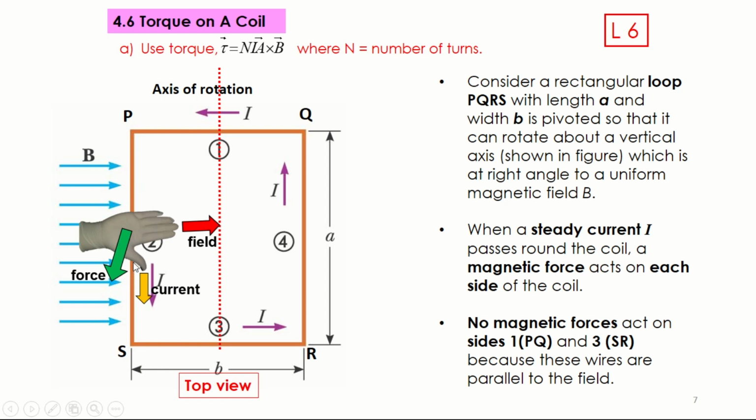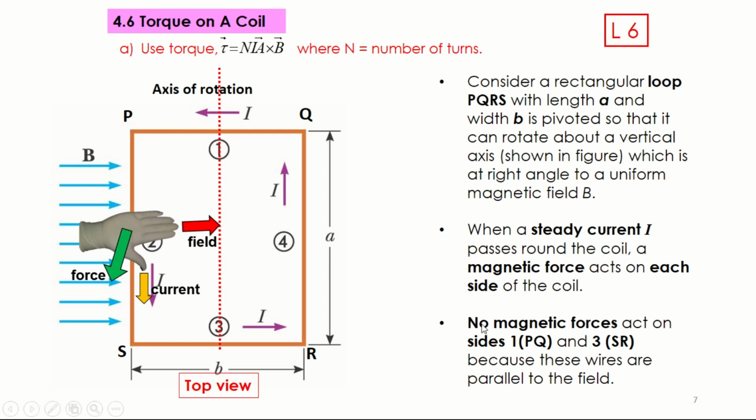The direction of B is from left to right, and the current in side 2 is downward, so your thumb points downward. So the direction of force at the palm is out of the page.